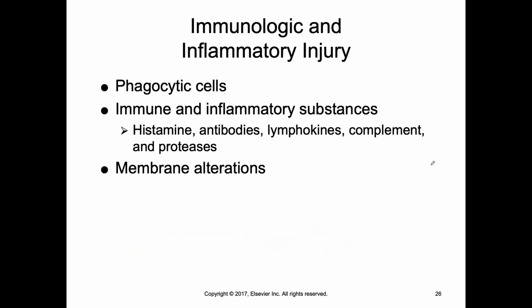Phagocytic cells can eat pathogens through endocytosis and then destroy them with lysosomal action. Immune and inflammatory substances that are produced include histamine, antibodies, lymphokines, complement, and proteases.